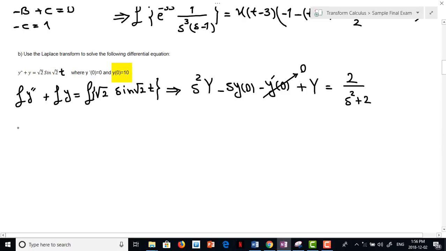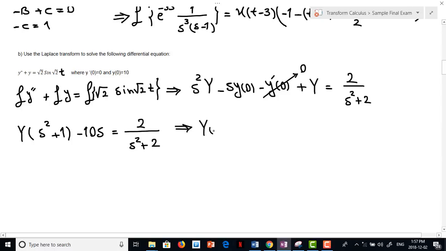As a result, if I factor Y, we're going to have (s squared plus 1) Y minus 10 times s, equal to 2 over s squared plus 2. I want to find Y(s).